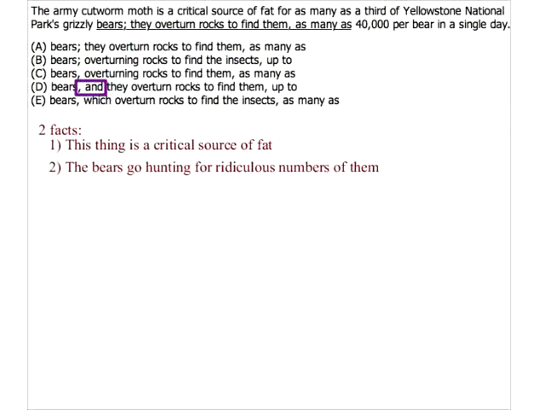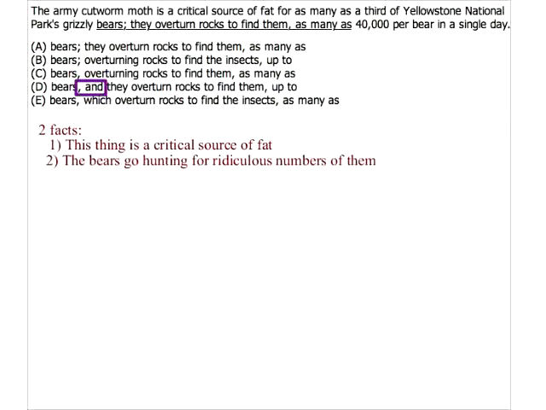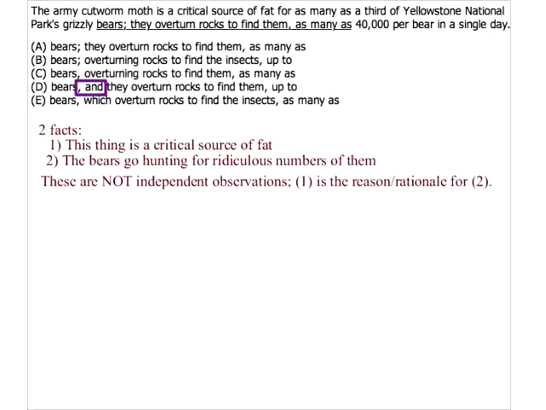So, okay. These are not independent. I mean, one of them is kind of an extension or an explanation or a detail about the other one. These are not independent observations. Number one is the reason or rationale for number two. So therefore, and is not really an appropriate connector.